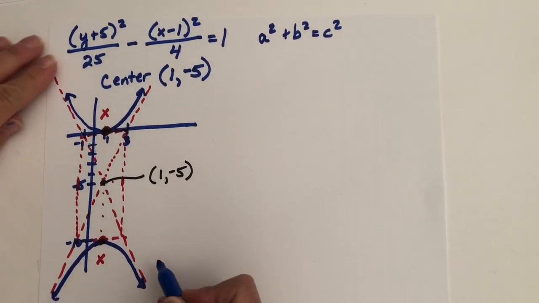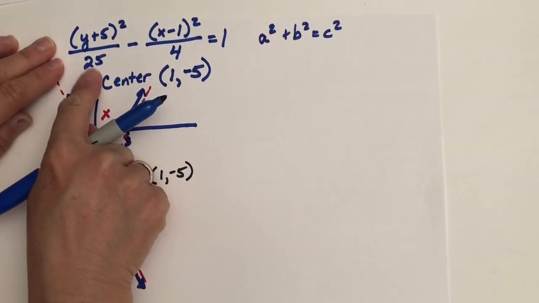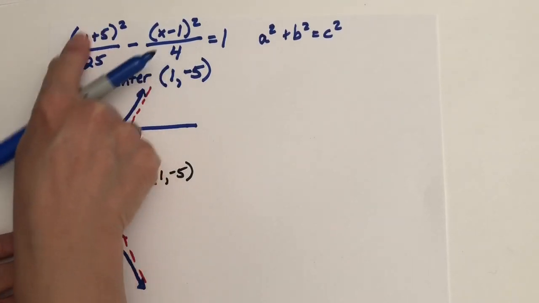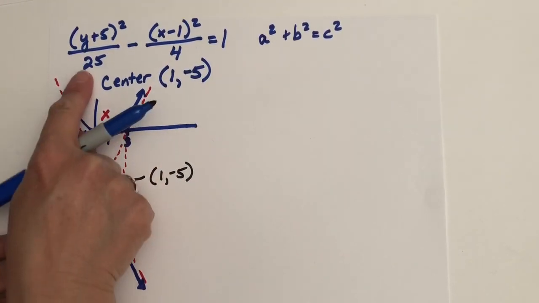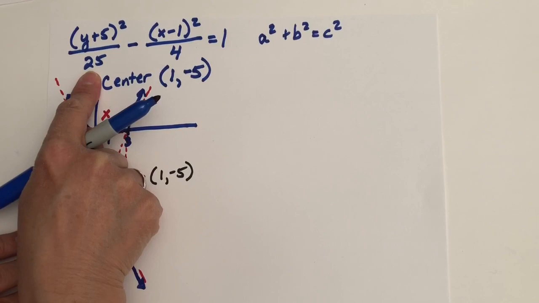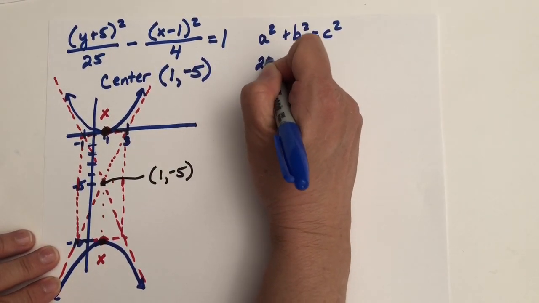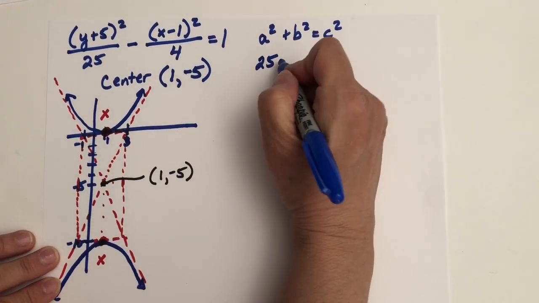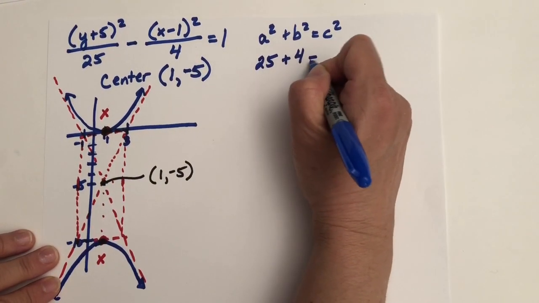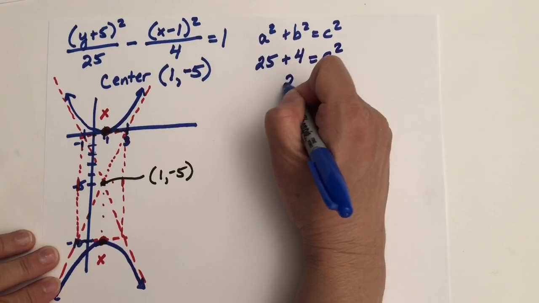Remember, with the hyperbola, the A squared is the denominator in the expression that has a positive coefficient. So it's the denominator of this one. So my A squared is 25 and my B squared is 4. And now I have an equation to solve.